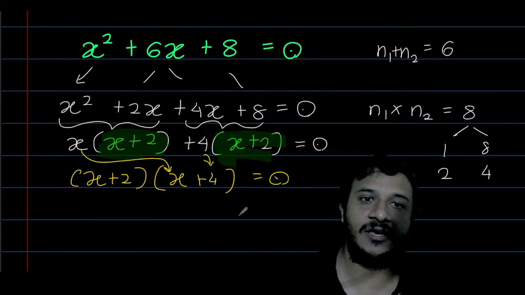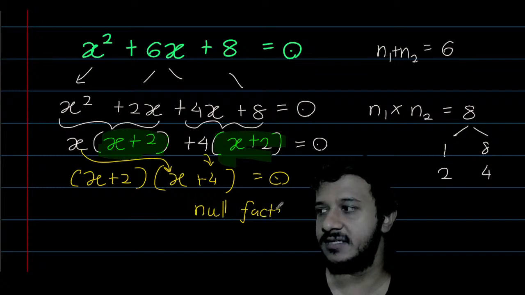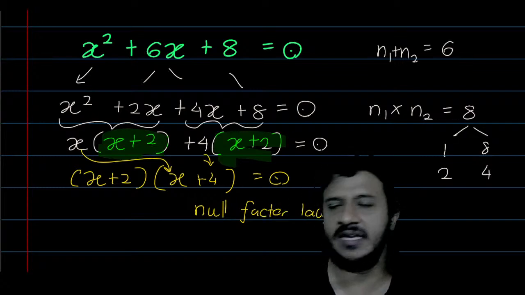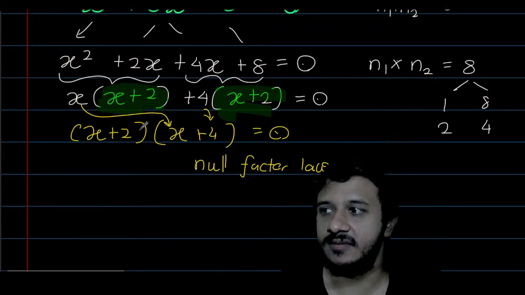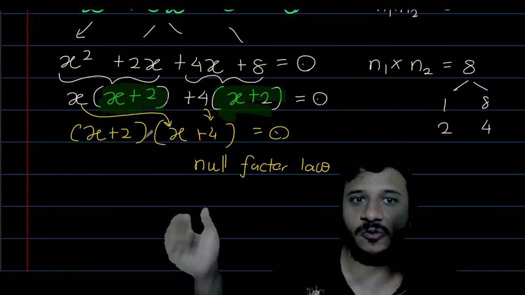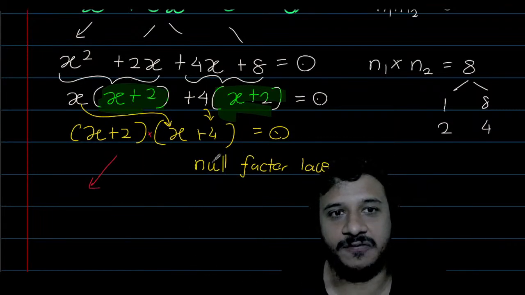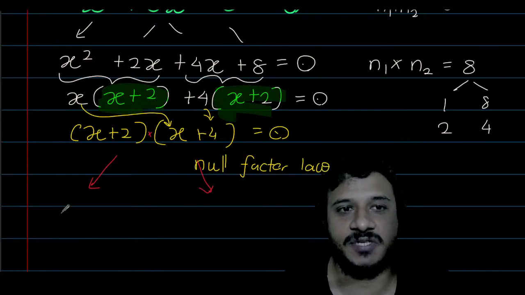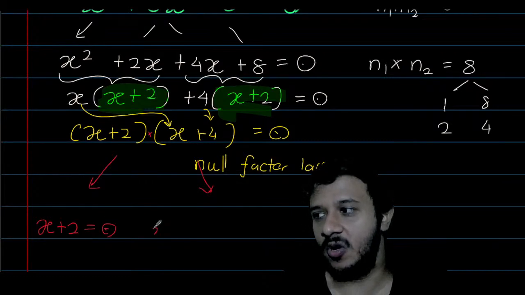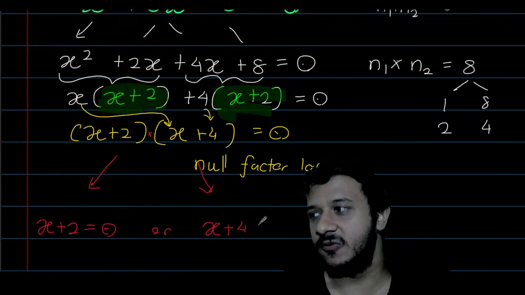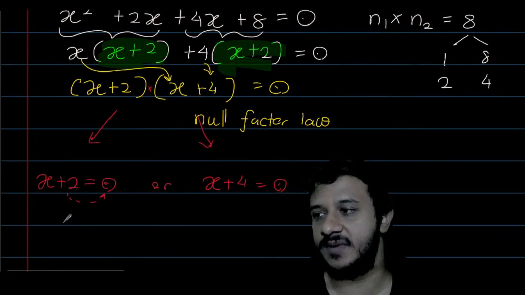And then we can use the null factor law. What did the null factor law say? If two things are multiplying together, we can see these two, x plus 2 and x plus 4, multiply together, then either one of them is equal to 0 or both of them are equal to 0. That means either x plus 2 equals 0 or x plus 4 equals 0, where this plus 2 goes to the other side as minus 2.